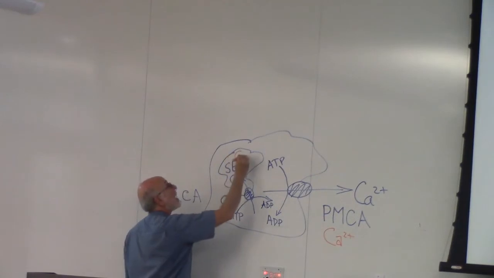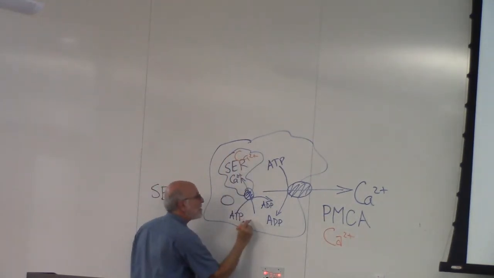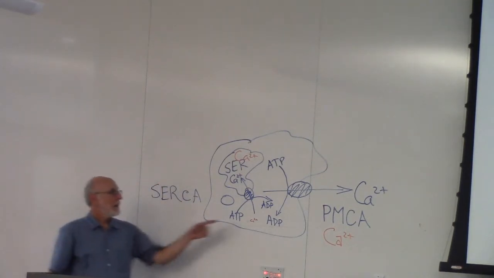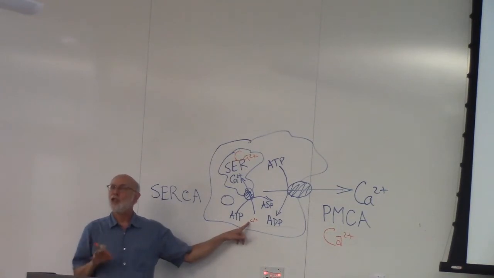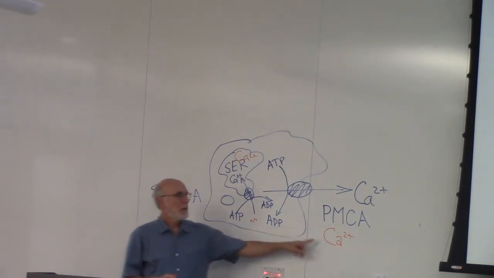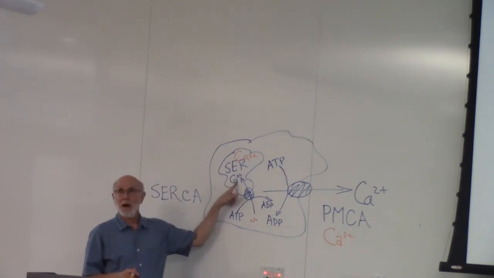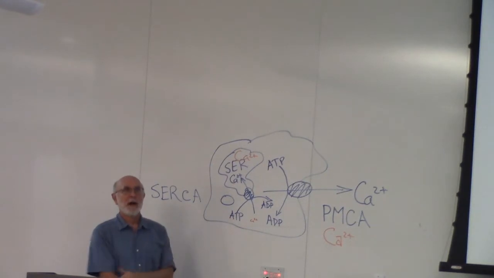It's very high on the inside of the ER, and it's very low in the cytoplasm. Calcium concentrations are super low, nanomolar. Calcium concentrations outside the cell and inside the ER are millimolar, a million times more concentrated.